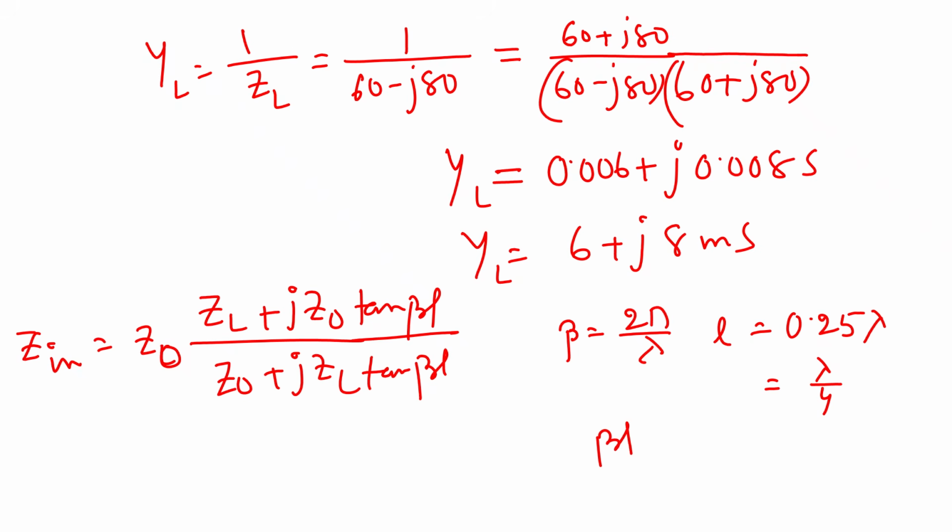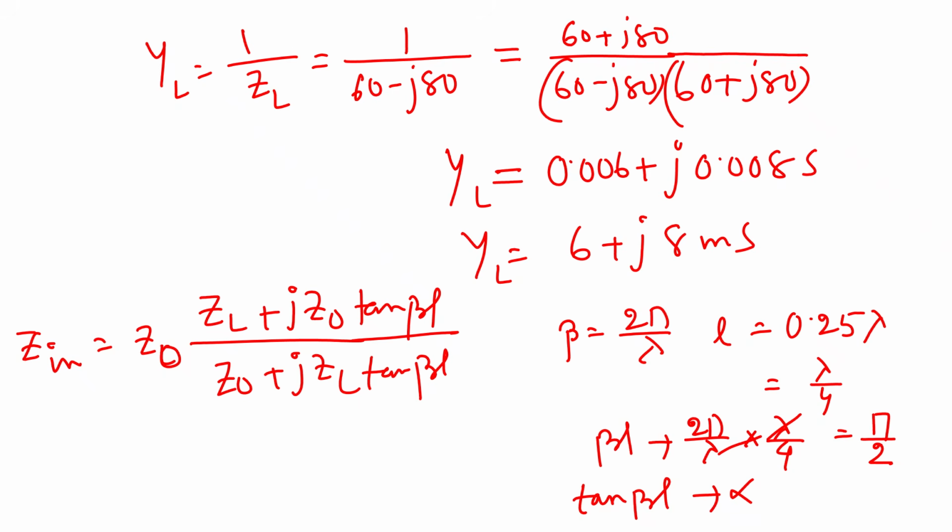So my beta L is 2 pi by lambda into lambda by 4. So lambda lambda will get cancelled out. So beta L is pi by 2. That means tan beta L will be equal to infinity, or tends to infinity.